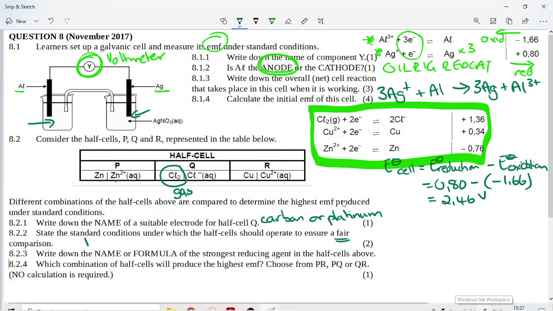So you either write down the 1 atmosphere pressure using the correct value from the data sheet, 25 degrees C, and the other thing that affects reaction rate, things that affect reaction rate are pressure, temperature, and concentration. So the concentration for this is usually 1 mole per cubic decimeter.